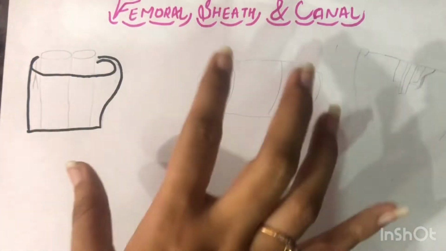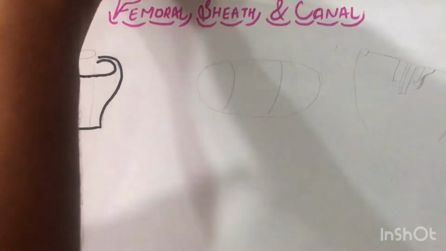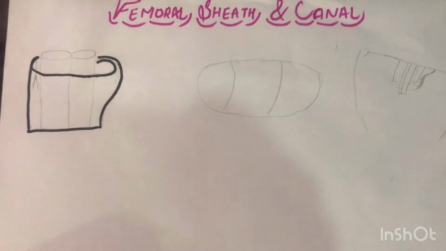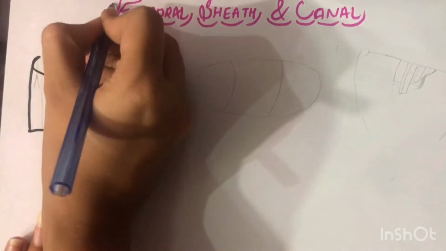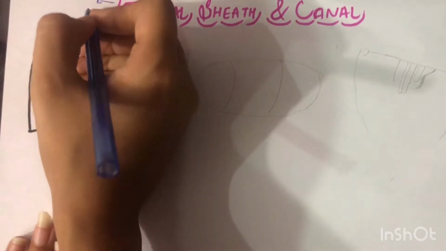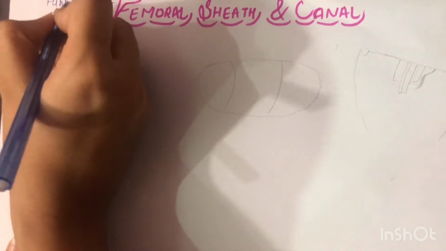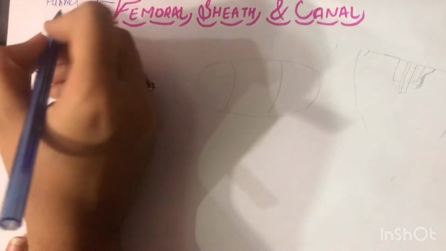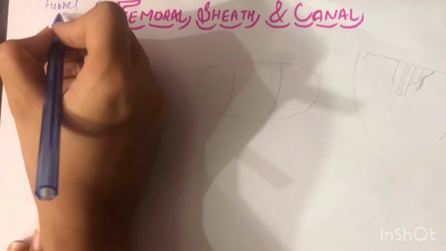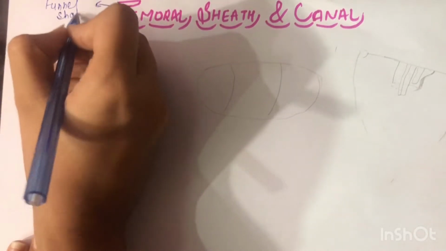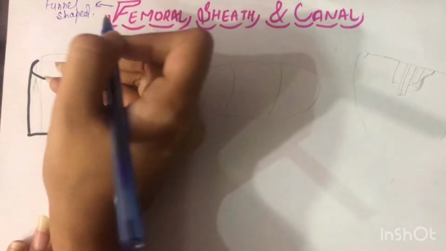So here I am writing a description about it. The femoral sheath, first of all, its shape. It is funnel shaped. Right?